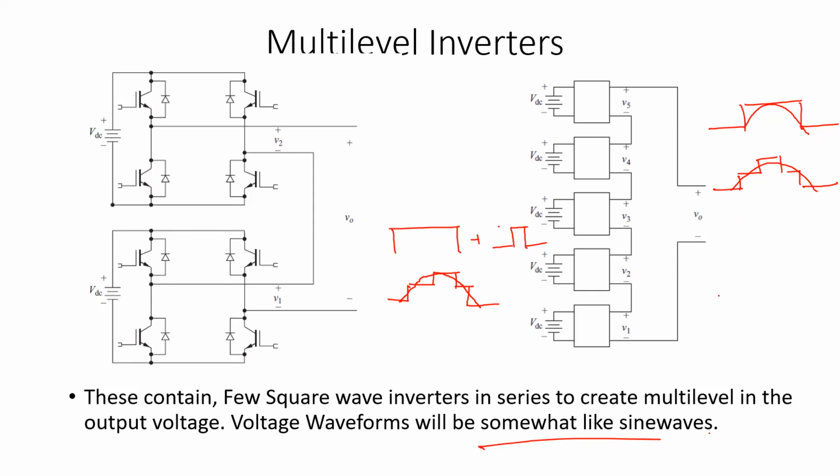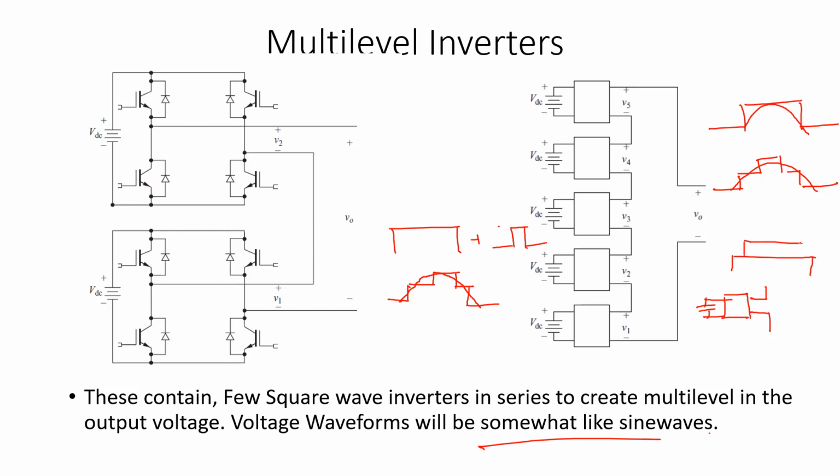Did you understand this? So multi-level inverters means you put several H bridges in series. These will have separate DC sources: VDC, VDC, VDC. So V1, V2, V3, you can put any number of inverters in series. Then the lowest one will create a waveform like this.